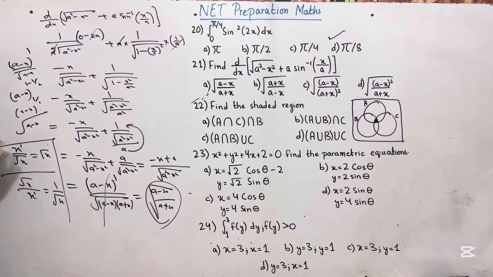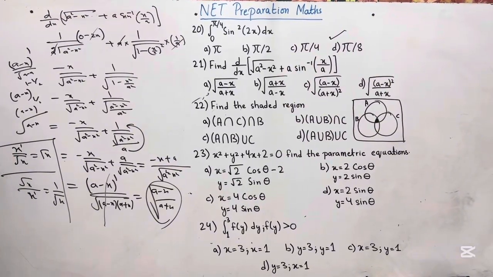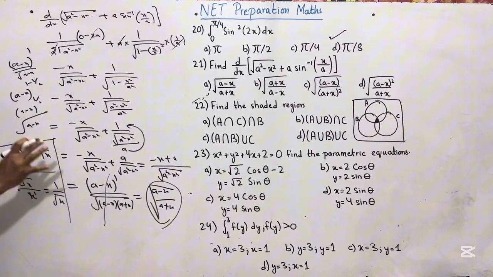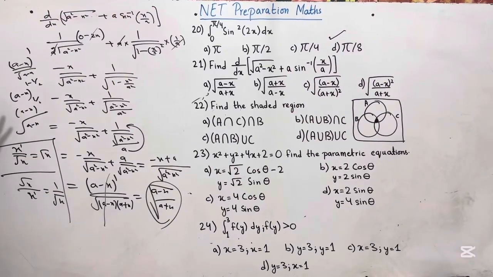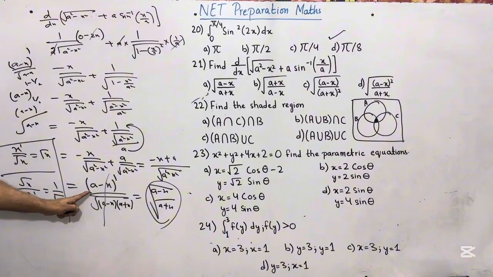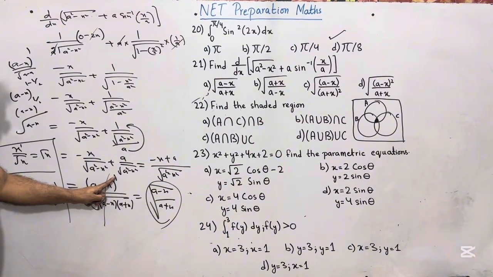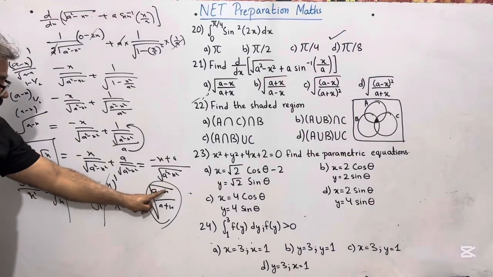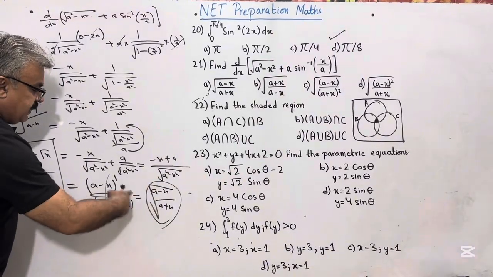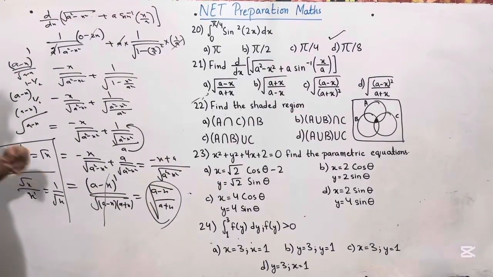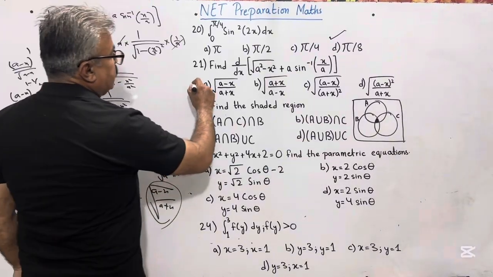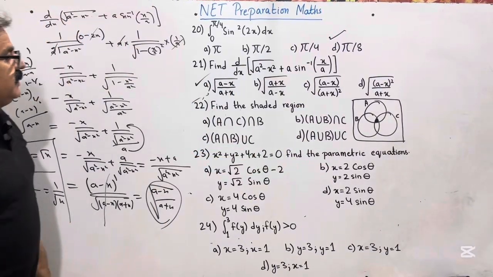It's up to you, whatever you want to understand. All these paths are equivalent. They are leading to the same result. Under root a minus x, 1 minus 1 over 2, we are left with 1 over 2. I have written it in the same square root in order to facilitate my work and save a step. So option number A is the right option in that case.